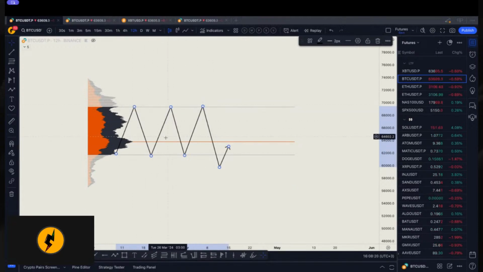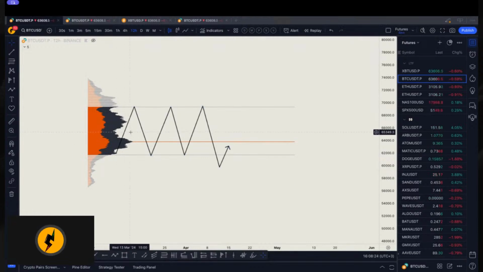For the most amount of time, the market participants have agreed that this is the balancing. This is the range that we're talking about. This is, I buy here, I sell here. I buy here, I sell here. The sellers were selling here, buyers were buying, and we've been ranging.